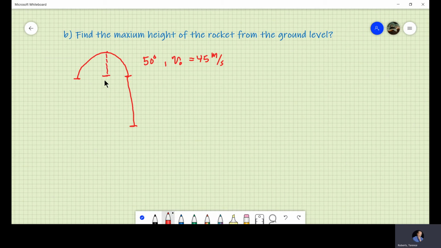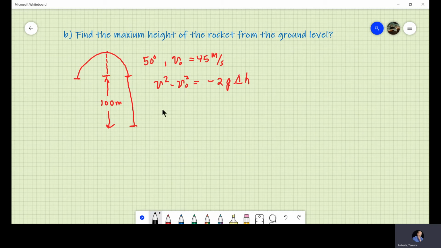And we know that the height from here to here is 100 meters. So we just need to find this height and add it to this. So we can use v squared minus v naught squared equals minus 2g delta h.